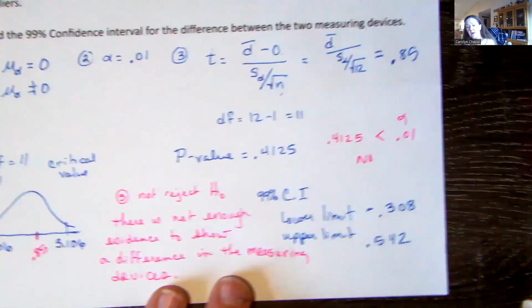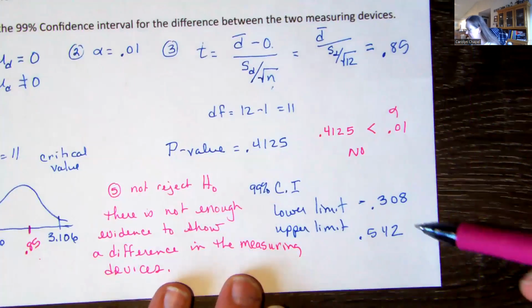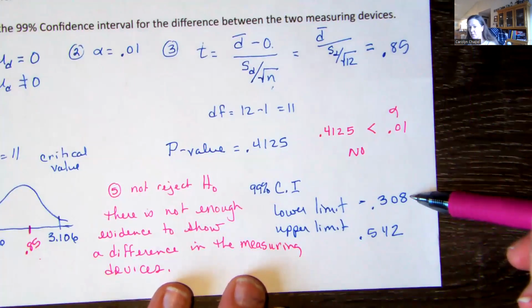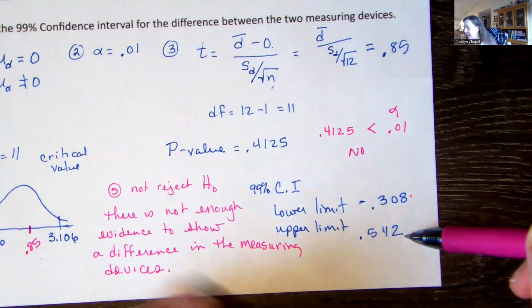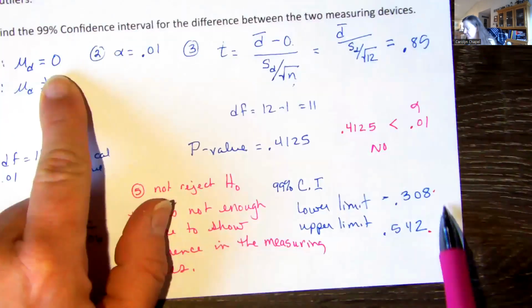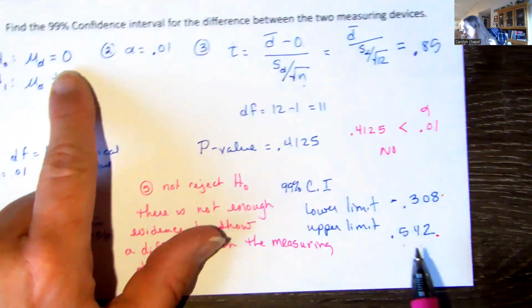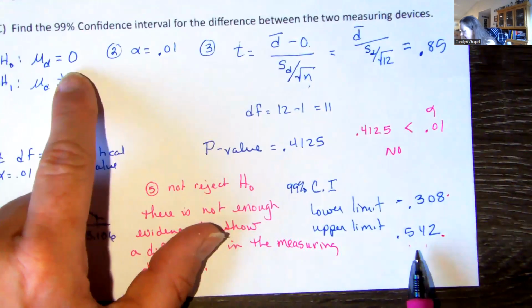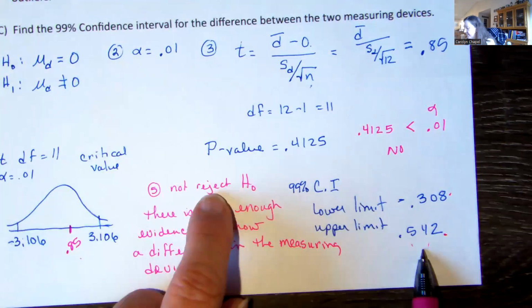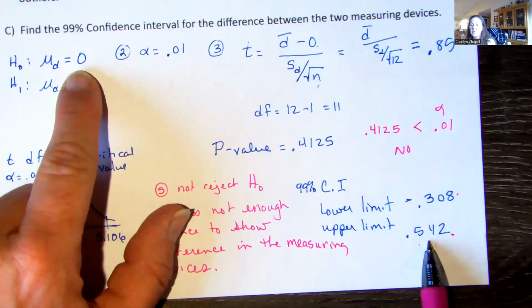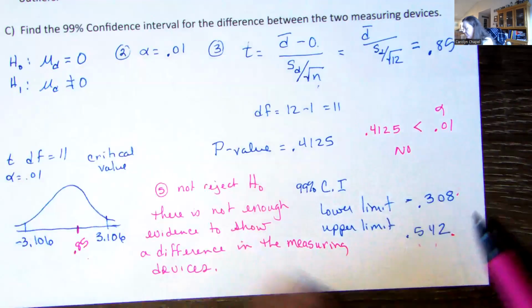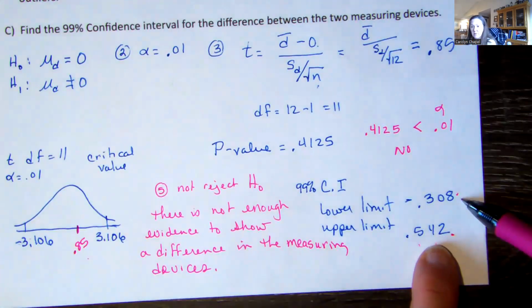Okay. We did also calculate that confidence interval, that negative is our lower limit, that positive is our upper limit. 0 is between those somewhere. So that's another reason to say that it is not rejecting. Since this value is in that interval, we're 99% confident that the true difference is between those two.